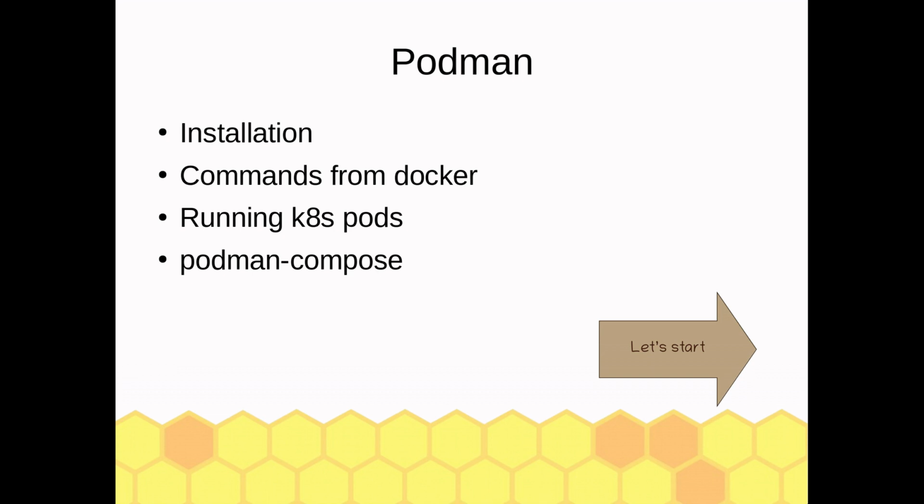And the nicest feature with Podman is the ability to run Kubernetes pods with the same pod configuration YAML file. And finally, you can run a Docker Compose file the same way but with Podman Compose. Let's see this in action.